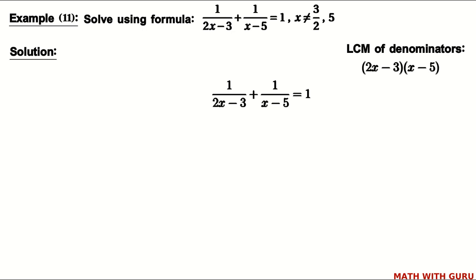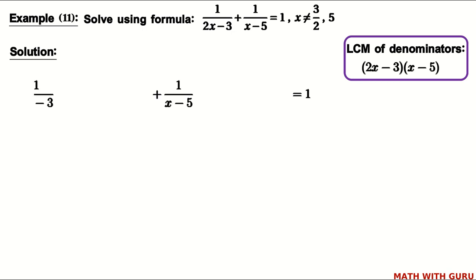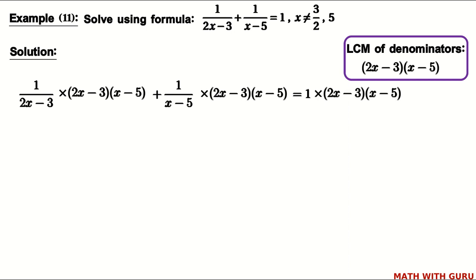Let us multiply the entire equation by the LCM like this. 1 over 2x minus 3 into 2x minus 3 into x minus 5 plus the second term into the LCM equals 1 into the LCM. 2x minus 3 get cancelled. X minus 5 and x minus 5 they get cancelled. What do we get here? X minus 5 plus 2x minus 3 equals 2x minus 3 into x minus 5.